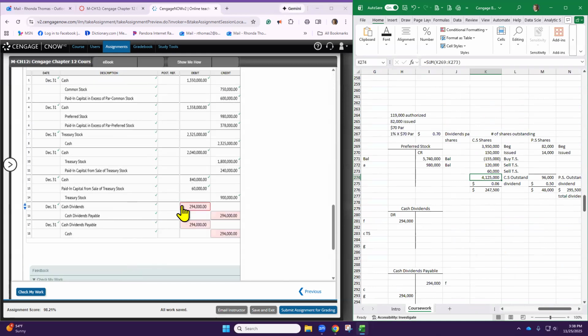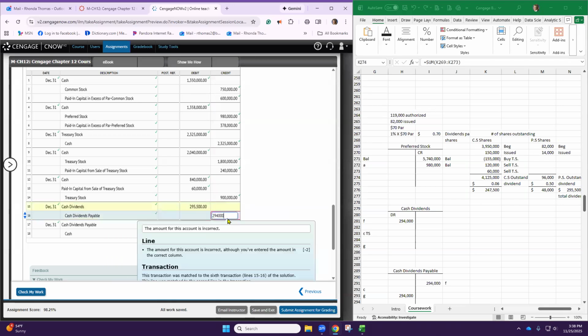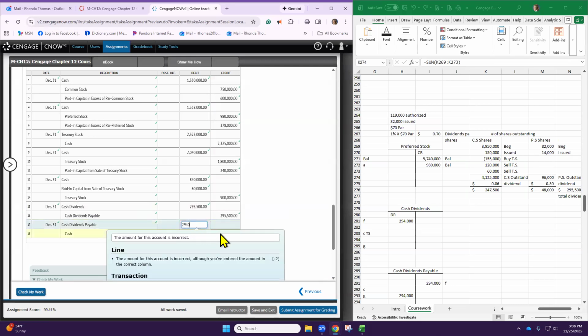So now cash dividends should be, if I got it right, and it's 50 cents, so 295,500. Okay, so 295,500. Let's check it. Yes, and then that same amount.